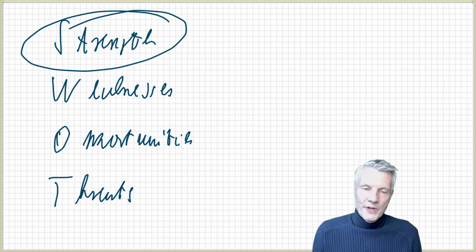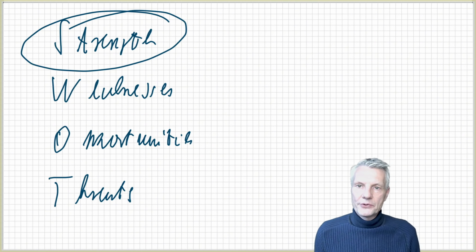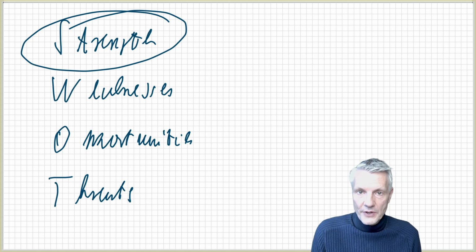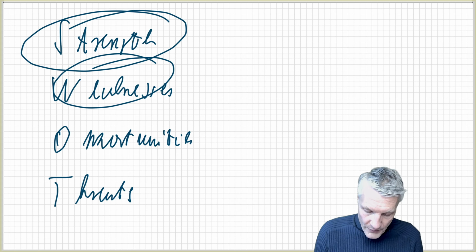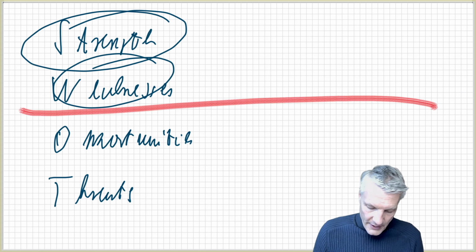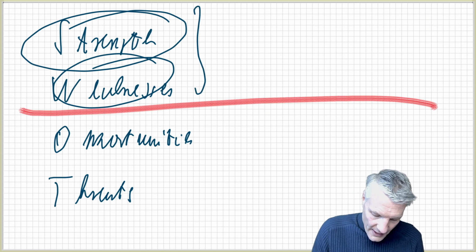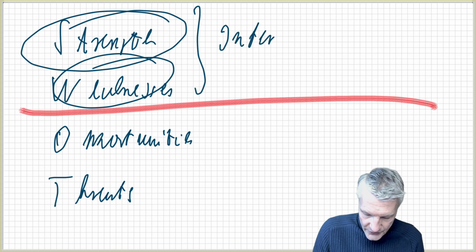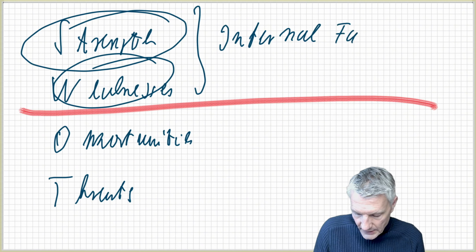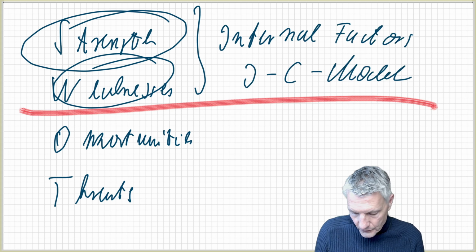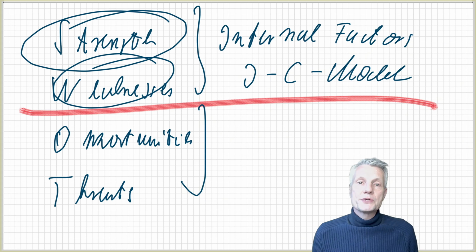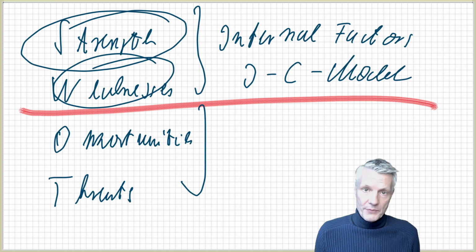I say it again. A strength is only a strength if it is a strength compared to competitors as seen from the customer's perspective. And this is where the competitive triangle helps us to identify those, same as weaknesses. So very important to understand is that this is the borderline here. These are always internal factors, which are coming from the 3C model. Whereas those opportunities and threats are coming from the macro analysis.